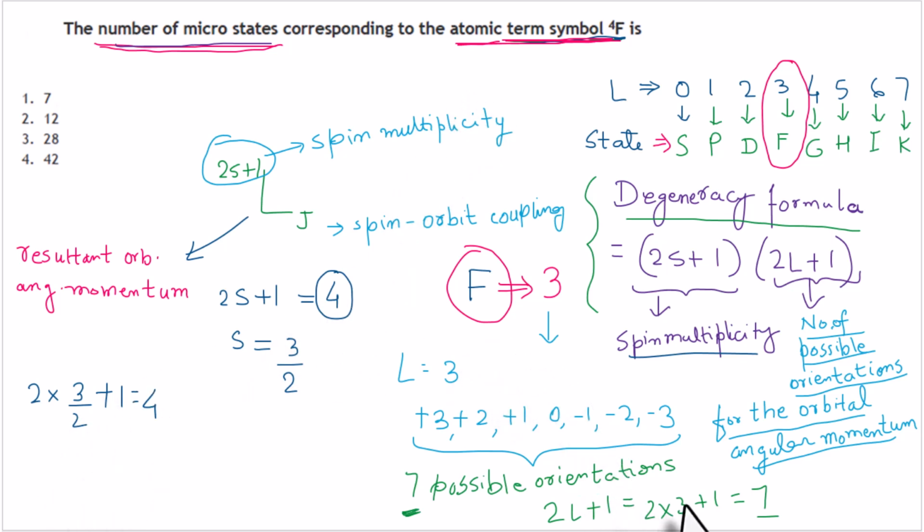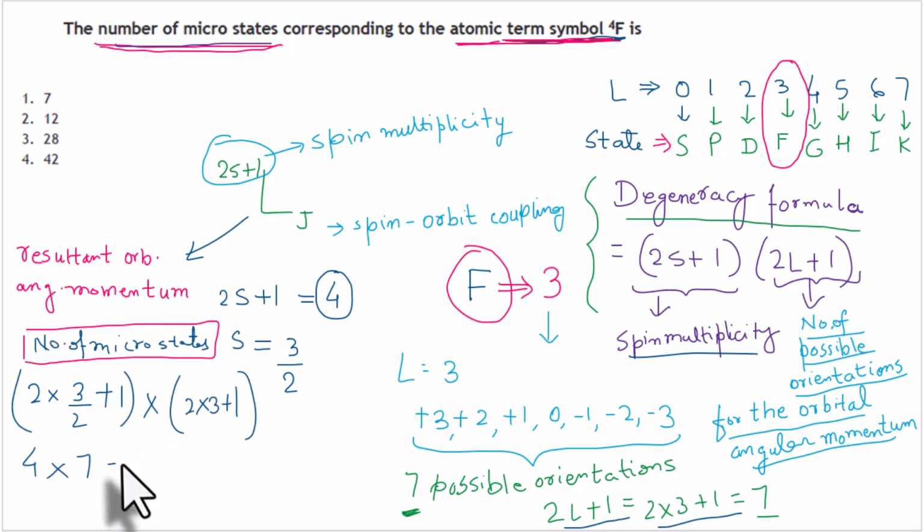And 2L plus 1 is 7. So 4 multiplied by 7 comes out to be 28. We have 28 microstates for the atomic term symbol 4F. We have 28 in option 3, so that is our correct answer.